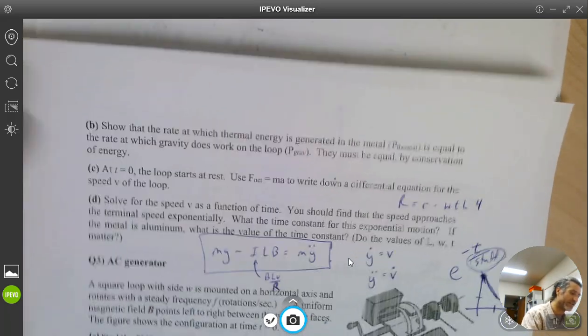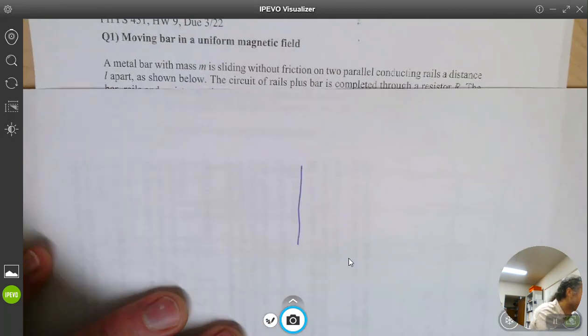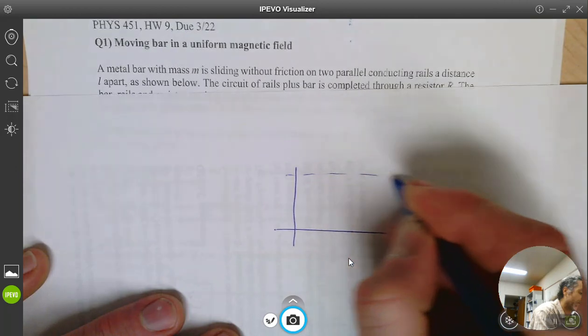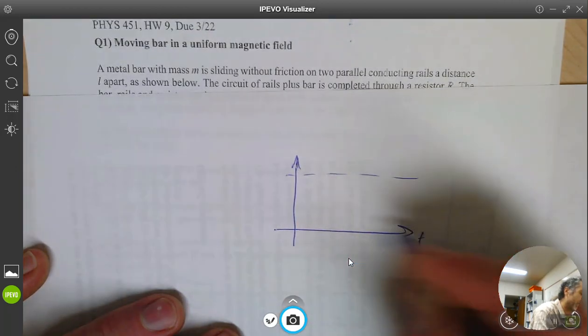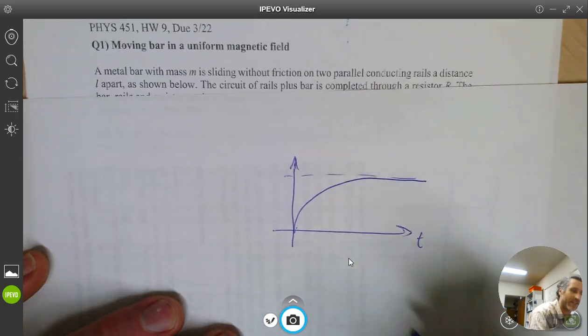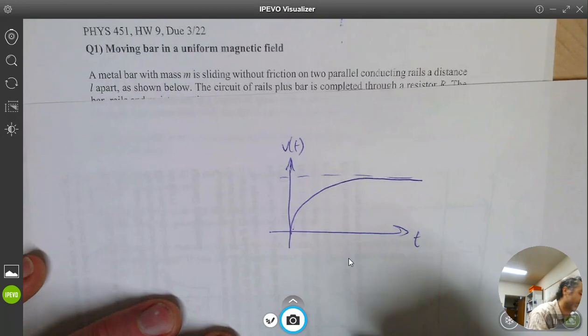In this particular situation, the velocity is actually increasing, but it's doing it with this sort of exponential function. It ends up looking like a function like this, where the speed increases up to some terminal velocity. So this is the speed as a function of time when you solve this differential equation.